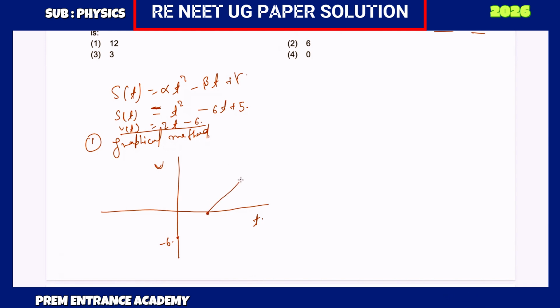So ultimately, suppose this is your graph. For t = 3 seconds, velocity is 0. For t = 6 seconds, velocity is 6.